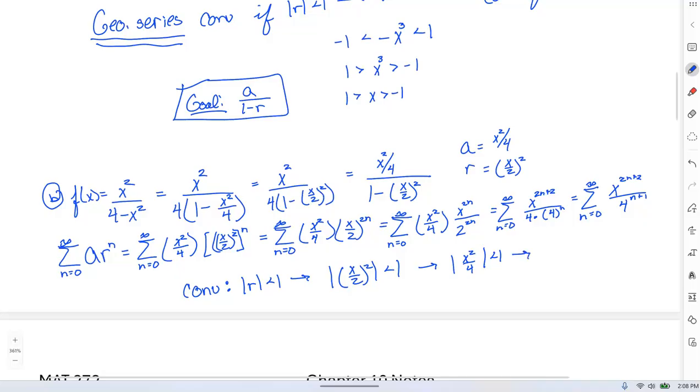I'm going to rewrite that as x squared over 4 is wedged between negative 1 and positive 1. Multiply both sides by a 4. And then take the square root of both sides. So that means our interval of convergence would be between negative 2 and 2. Notice we do not include the endpoints because, again, this is geometric, so that r value has to be strictly less than 1 to converge.